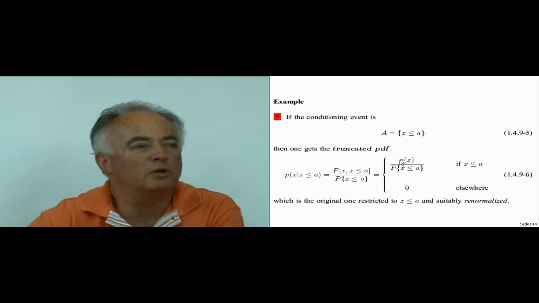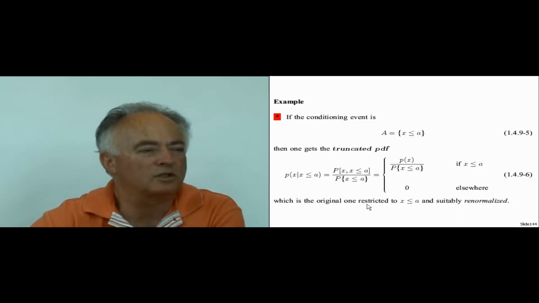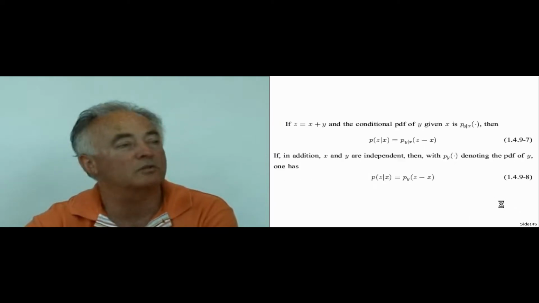So we end up with the PDF as before, limited or truncated at a and renormalized suitably such that again it integrates to 1. So it's shorter but higher. So it's the original one restricted to x less or equal to a and renormalized for area 1.